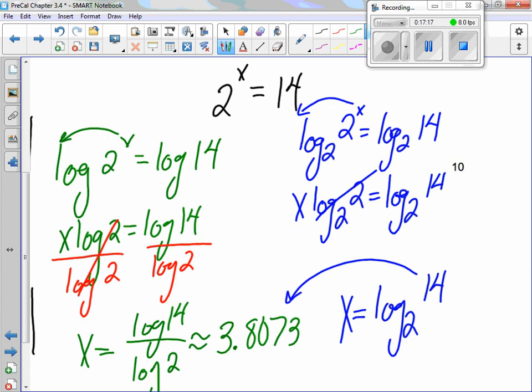Because again, remember I changed the base? Log base 2 of 14 is the same as log of 14 over log of 2. It's just the change of base formula. So this is another way we can do it. Questions on this here? We good with this here so far?